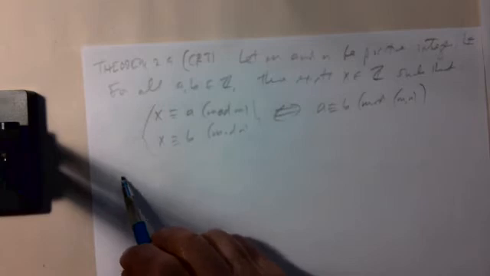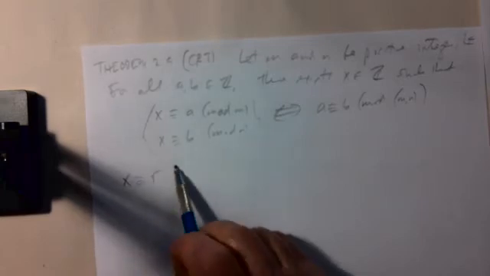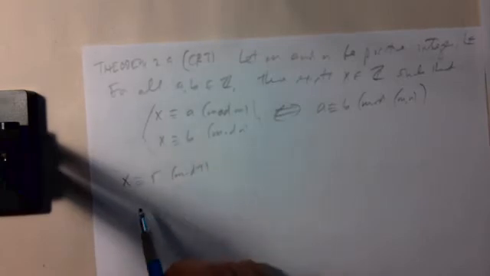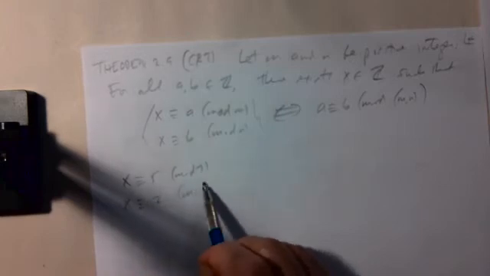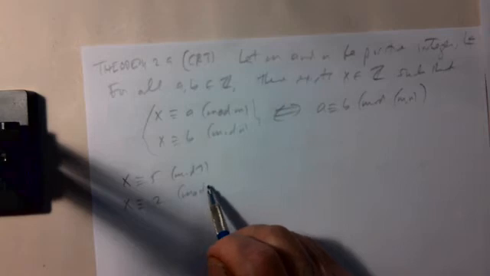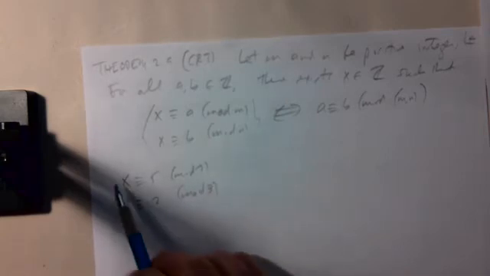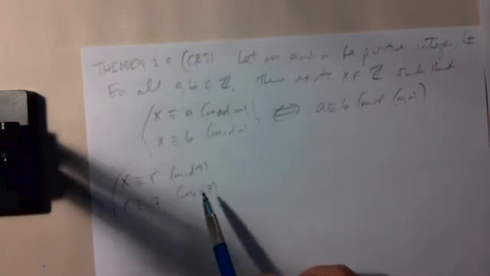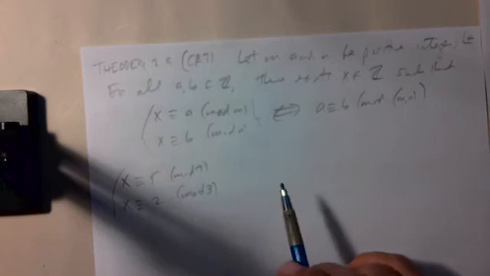So for example, if you want to solve x congruent to 5 mod 7 and x congruent to 2 mod 3, can you find one number x which satisfies these two congruences simultaneously?